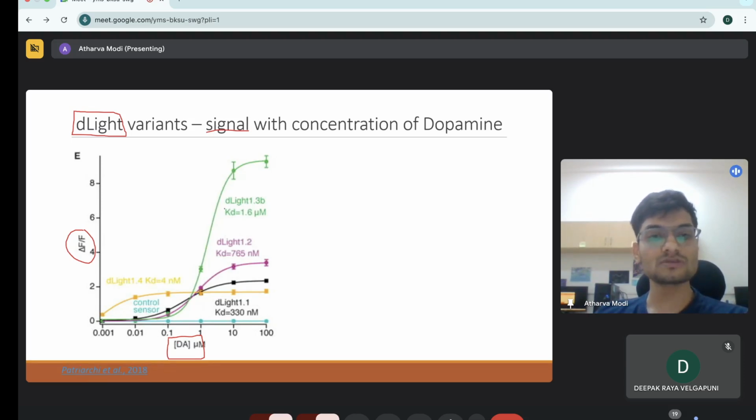Choosing a sensor is another thing we need to consider here. You need to look at graphs like this, and at the value of KD, which is the dissociation constant.